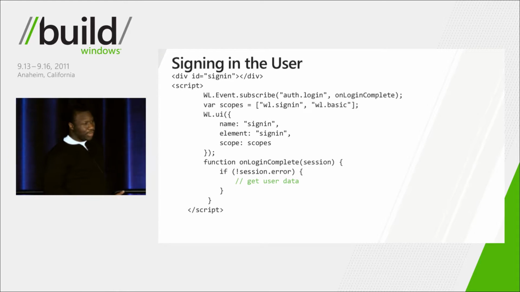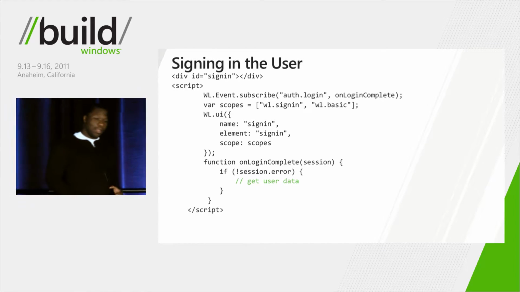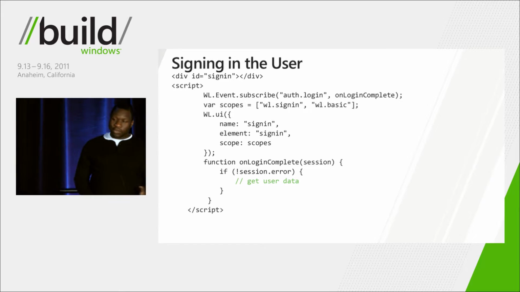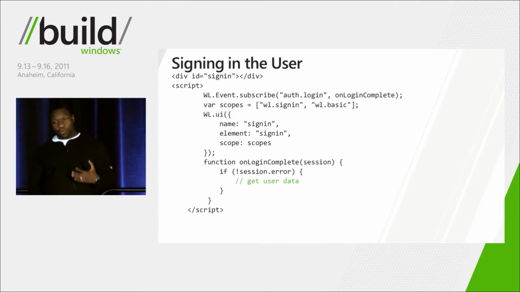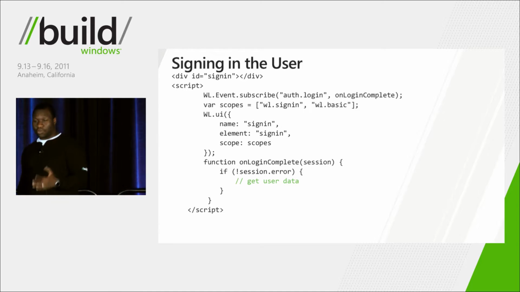That session object, if the user successfully logged in and there's no error, gives the application a set of access tokens. Those access tokens can now be used to talk to the Live service, get access to our RESTful JSON-based APIs, where you can get the user's profile information, photos, contacts, calendar, what have you.